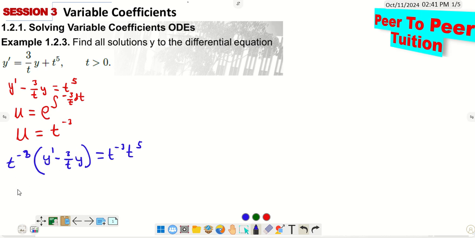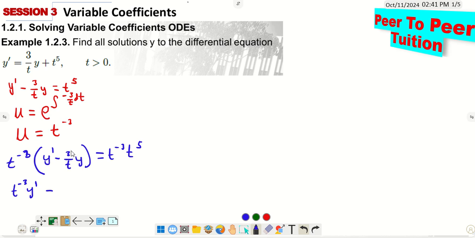Now let us expand this. I will get t to the power negative 3 y prime. Then this times this: the t will cancel one of the t's here. This is a denominator.